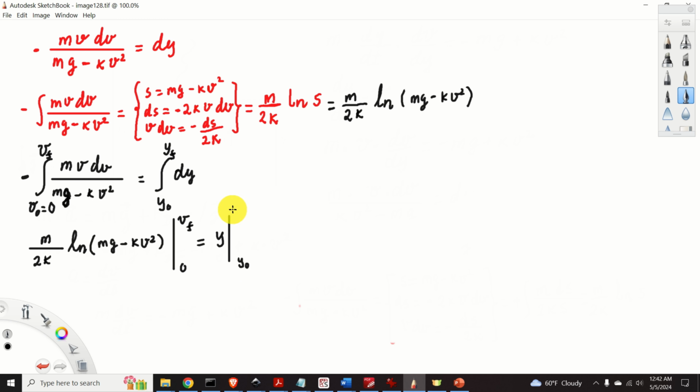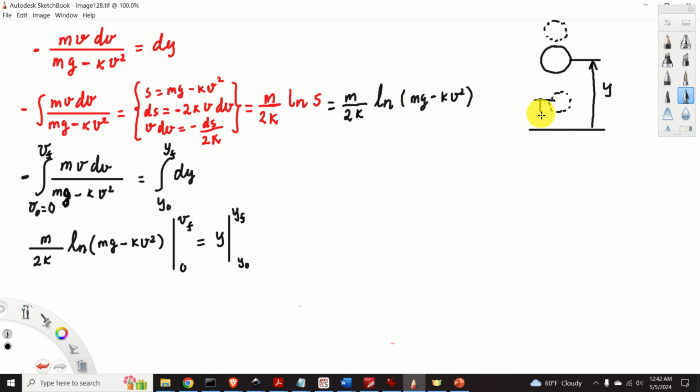To illustrate over here, here's our ball, and y is always measured from here. Over here we have some initial position, and over here we have the final position.